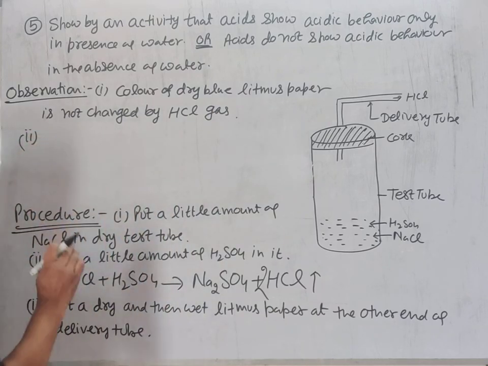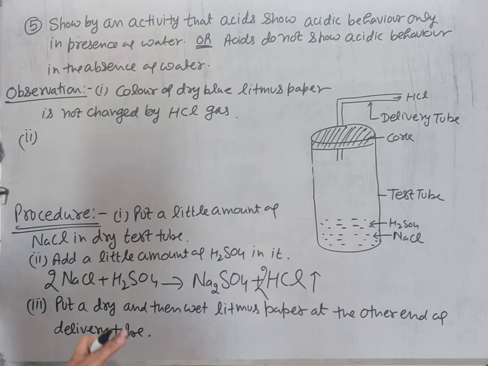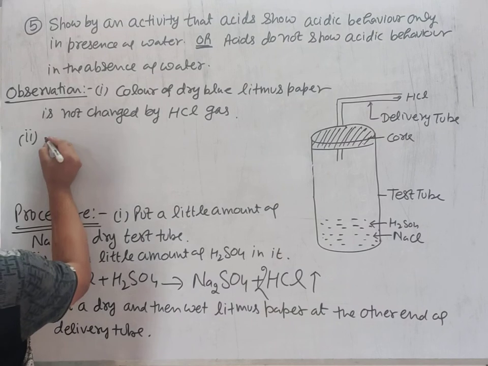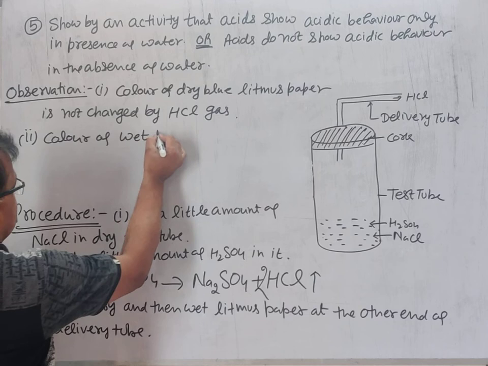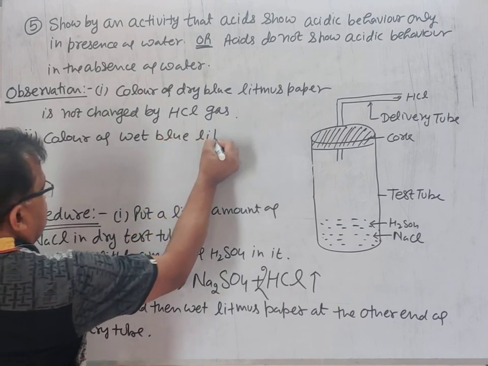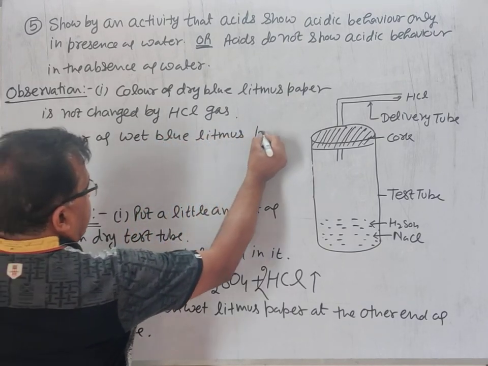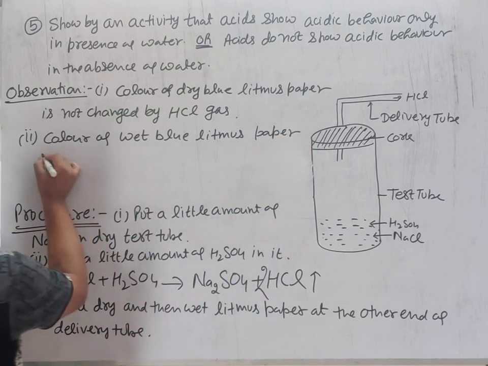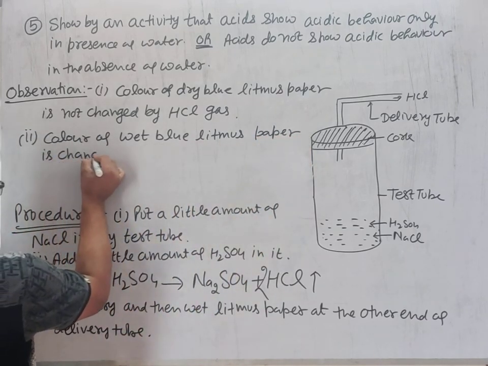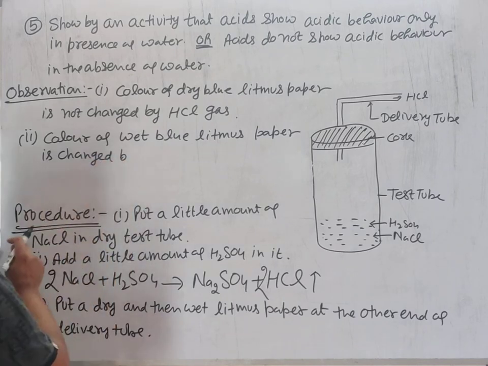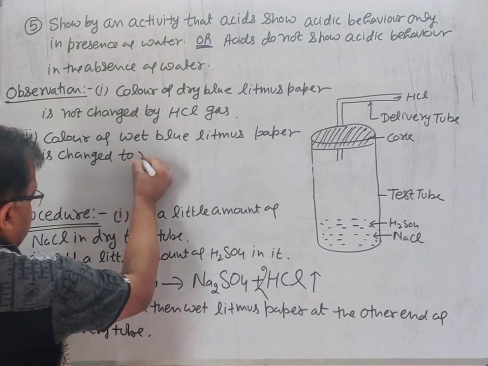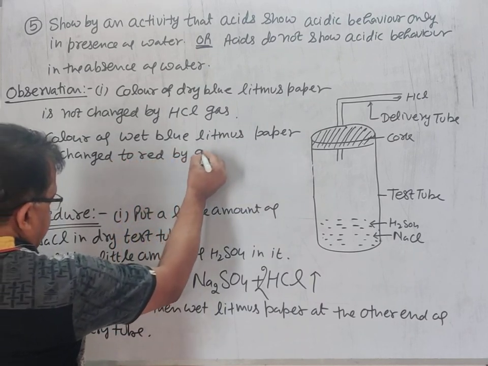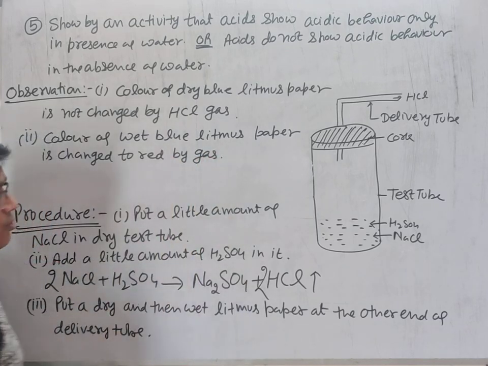Second, after removing the dry blue litmus paper, we place wet blue litmus paper. Color of wet blue litmus paper is changed to red by the gas.